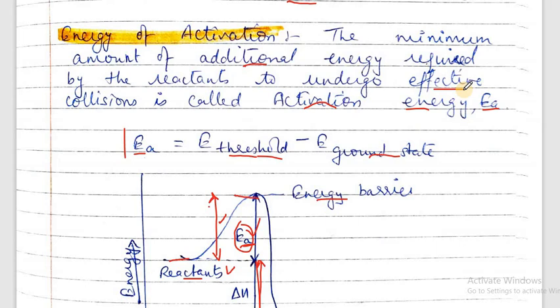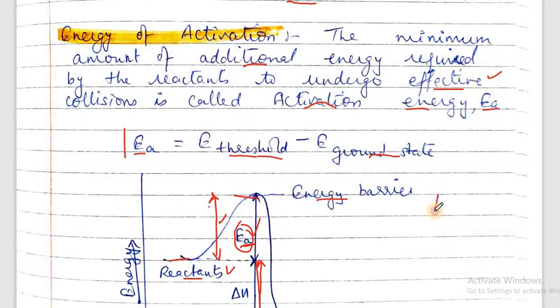So effective collisions will only occur when the reactants have the minimum amount of energy, that is, the threshold energy.